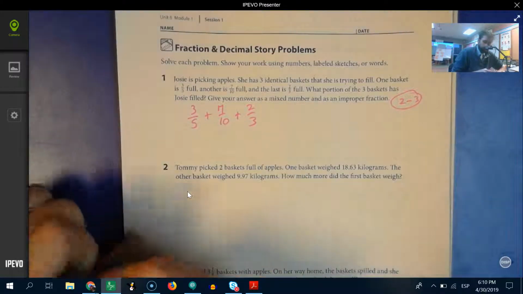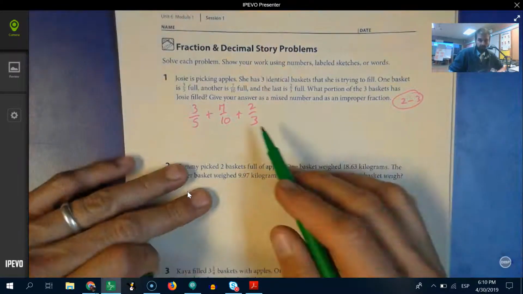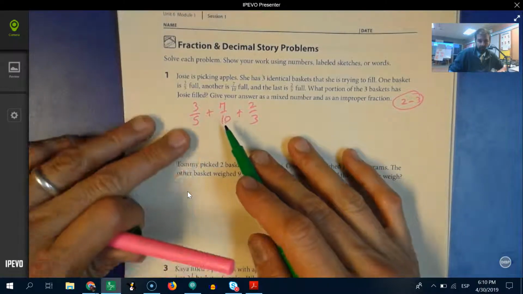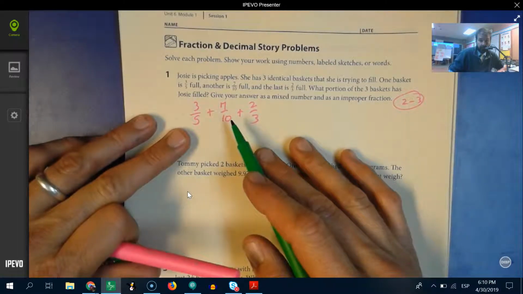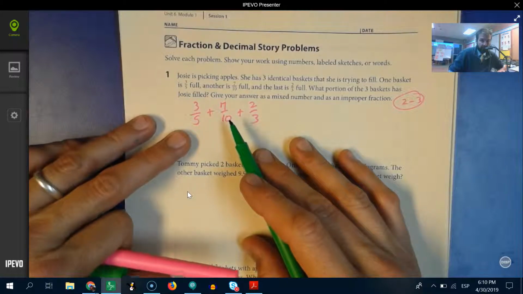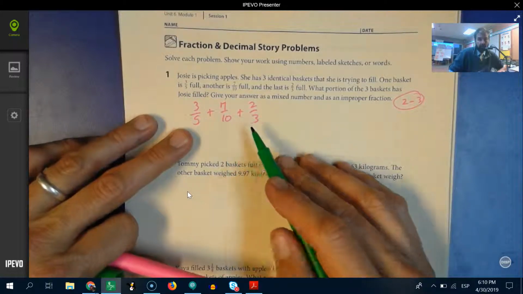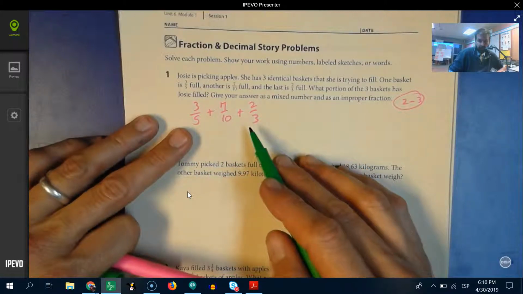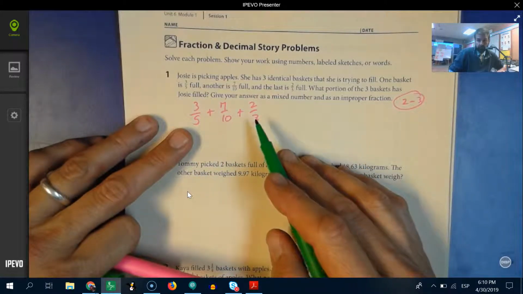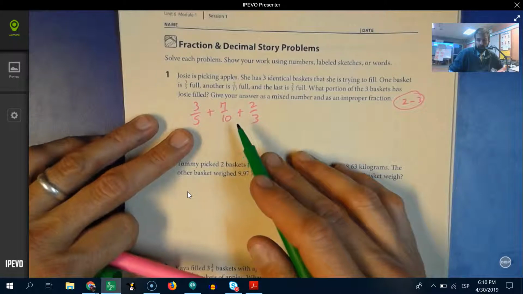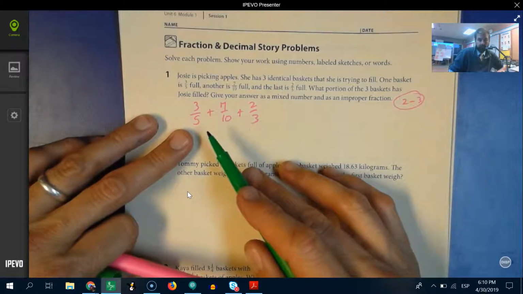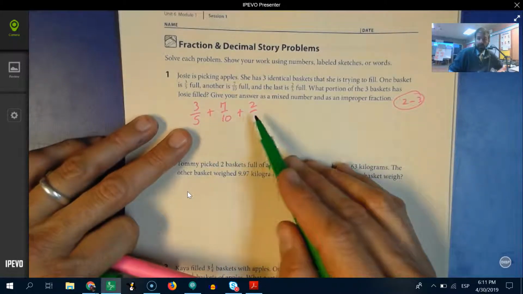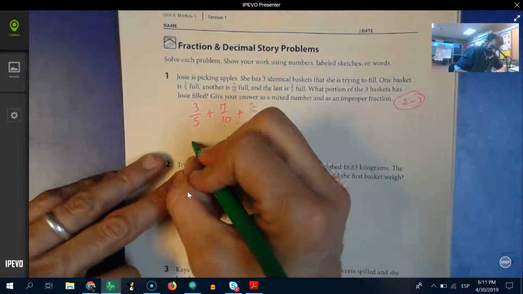So hopefully at this point in your academic career, you know that you have to change our denominators in order to add fractions together. We could change all 3 to something all 3 numbers have in common, or we could go one by one.